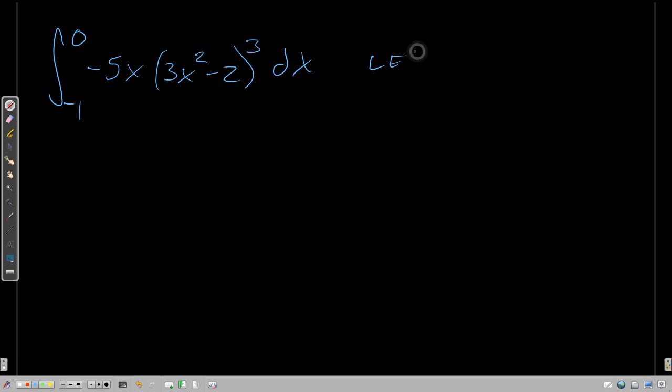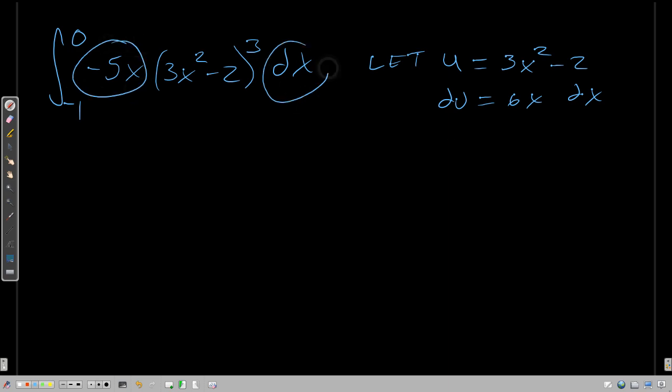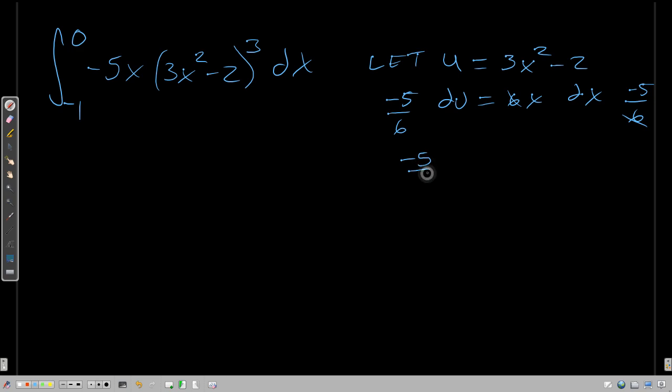You need to let u be 3x squared minus 2. Then du is 6x dx. I don't have a 6x dx, I have a minus 5x dx. You can easily fix that, just multiply on both sides by minus 5 over 6. Then over here the 6's cancel, and we are left with minus 5/6 du being minus 5x dx.